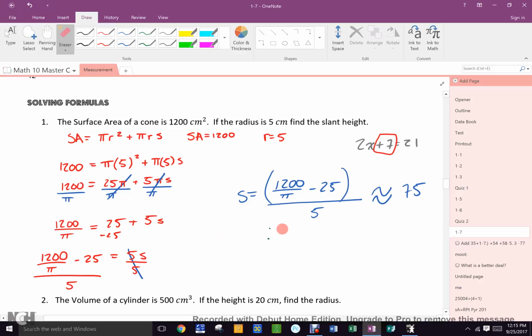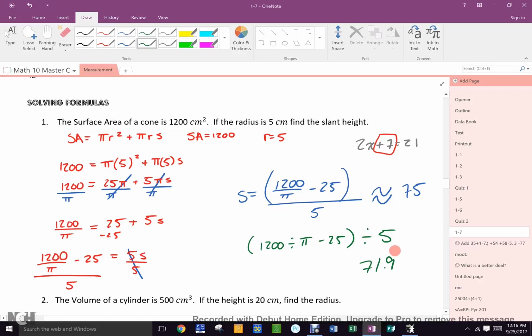Actually, to do it Aiden's way, you need two sets of brackets. No, you could do it with one. 1,200 divided by pi minus 25, close brackets, divided by 5. And you will get 71.9.